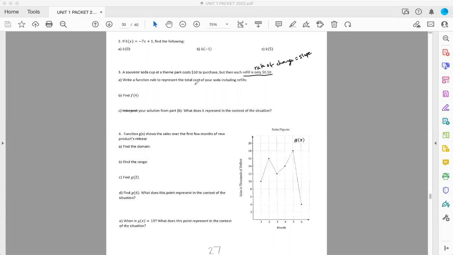You have to pay an initial fee of $10 regardless, right? So this is basically your b, this is your m. So how do you write a function rule? Careful, when they say function rule, they're expecting you to write f of x. This becomes f of x equals 0.50x, and then what? Plus 10.